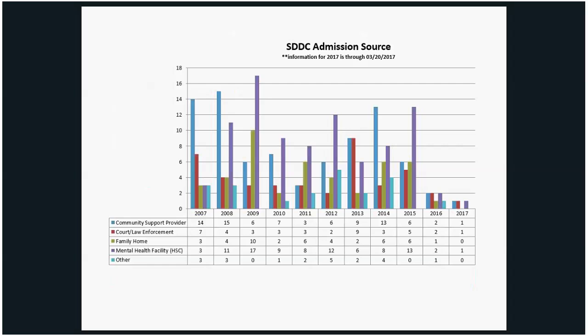The number of admissions has declined from 2009. In 2007, there were 30 admissions. In 2009, there were 36. And in 2016, there were 8. And to date, we've had 3.